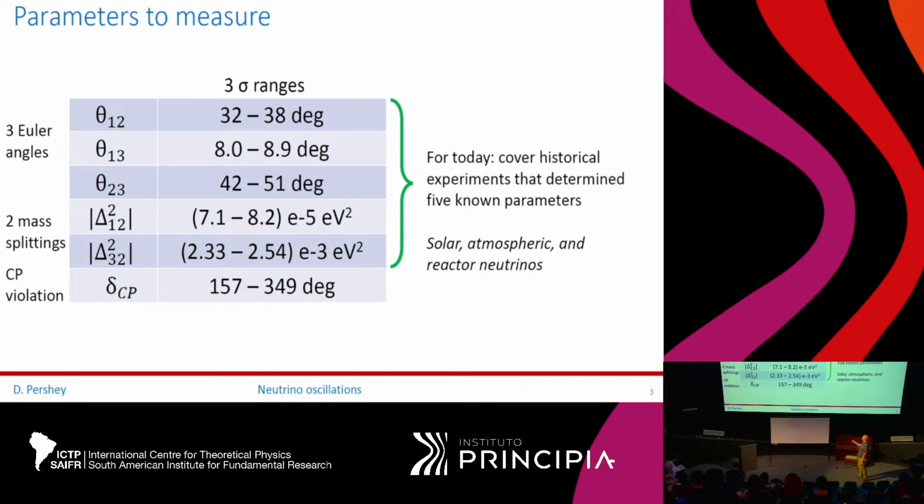And then there's also CP violation available when you have three or more neutrino species. We have some indication of what that might be, but we still really have to nail down this parameter. There's still a lot of uncertainty. That's a big range. Today we're going to talk about solar, atmospheric, and reactor neutrinos, and how we got the first measurements of these top five parameters.